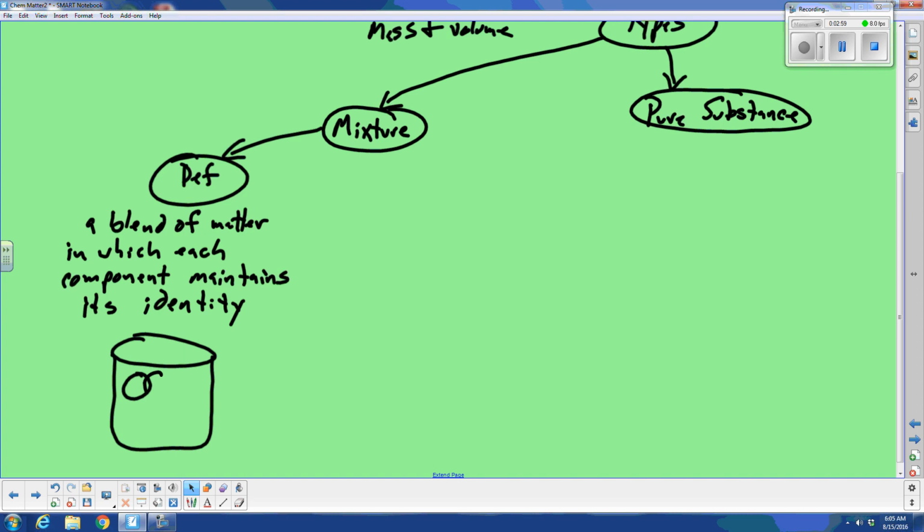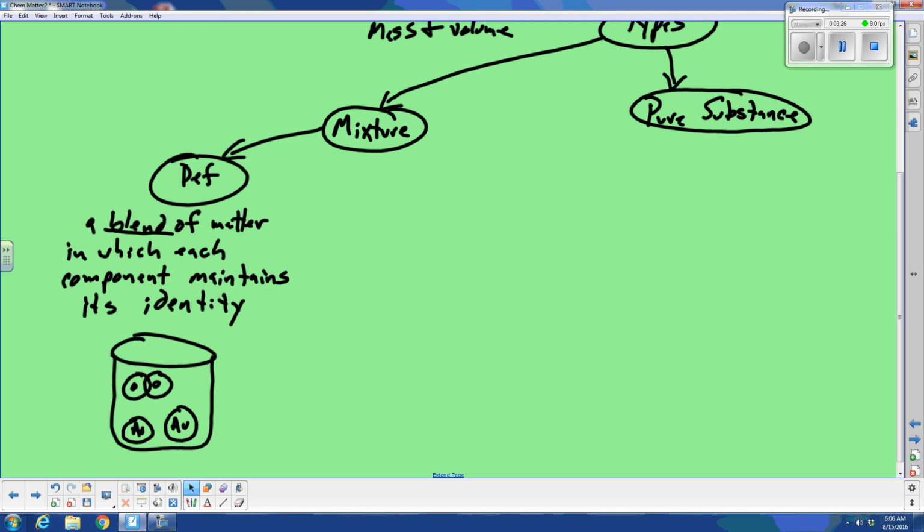And oxygen is usually 2 atoms that are bonded together. And we'll say that we have some gold, and then so we have some gold in here. All right. And that's Au. So we have oxygen and gold. And what makes this a mixture? Well, I've got a blend. I've got oxygen and gold, but my oxygen stays oxygen and my gold stays gold.